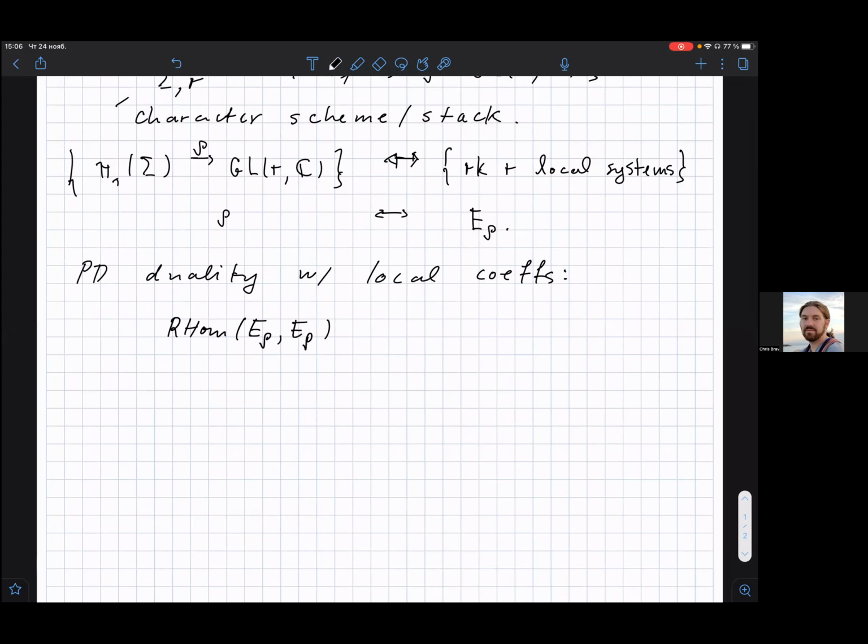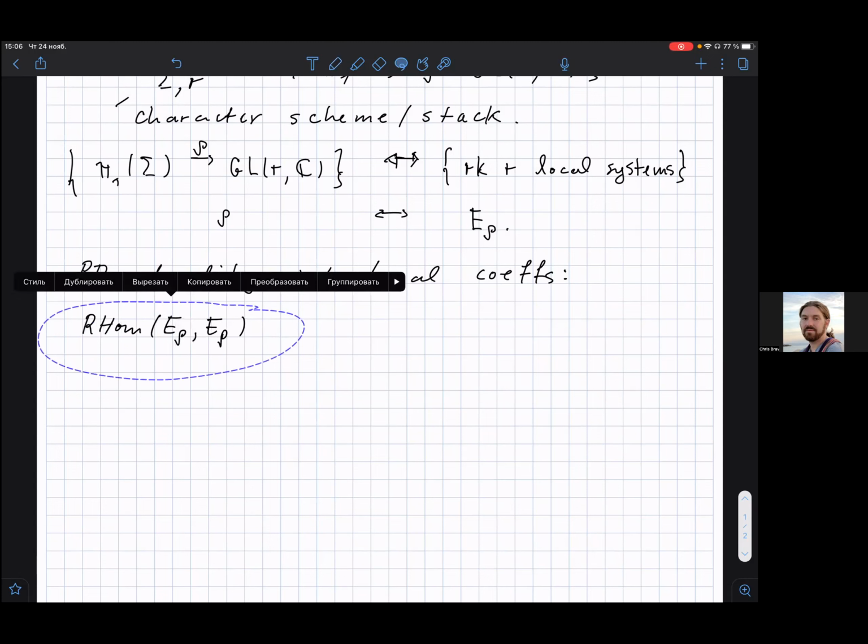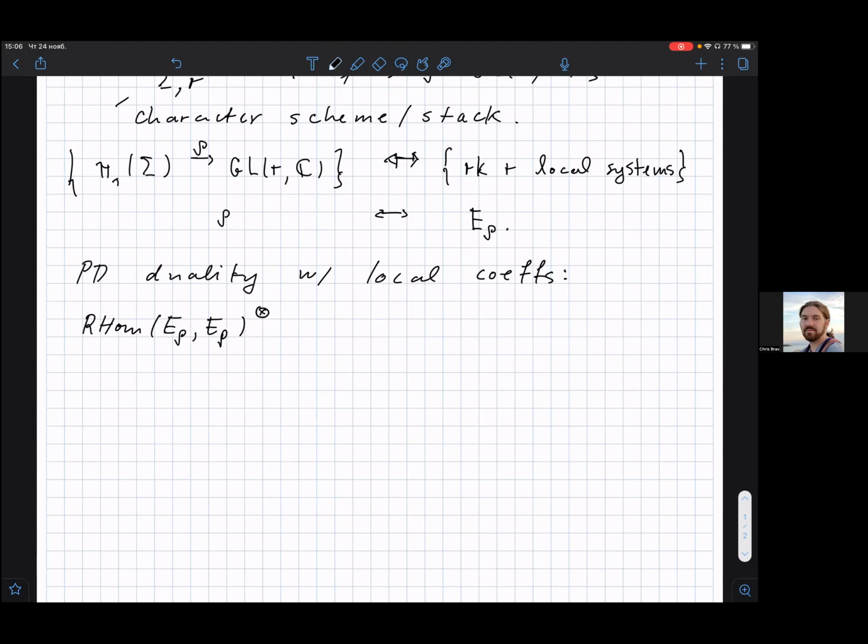So I can look at derived endomorphisms, the RHom from my local system to itself. I could compose two such things. And then I could take a trace. So on the fibers of this local system, I just have some matrices. I can take the trace fiber-wise, and I'll get an endomorphism of a constant sheaf.